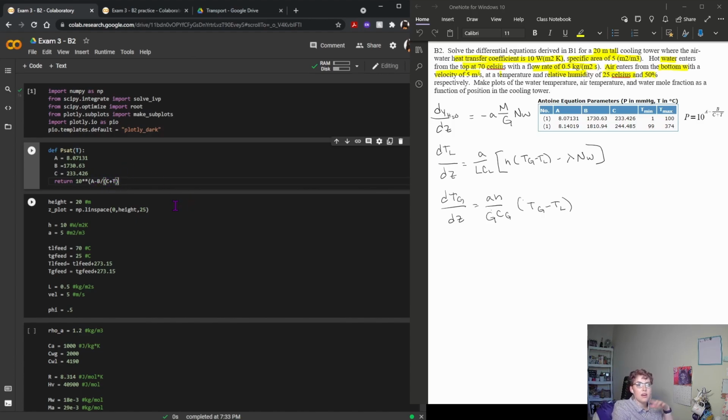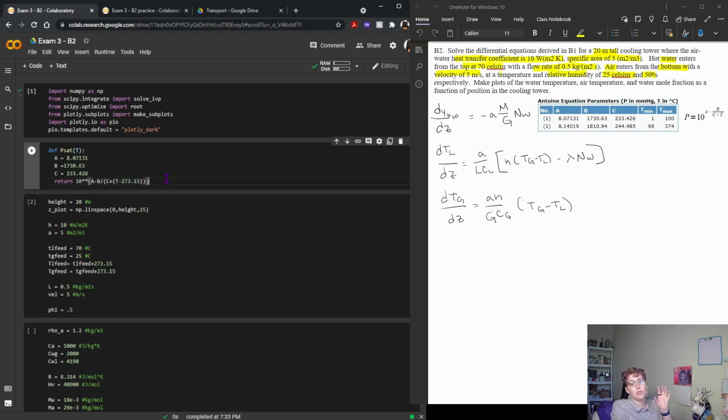But we have to keep in mind that the Antoine equation uses different units than what we are using. So first we're going to have to take our temperature from Kelvin to Celsius. So just like we did before, we're going to be subtracting 273.15. I think I'm missing a parenthesis.